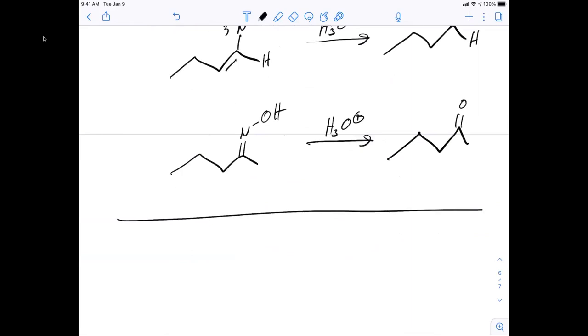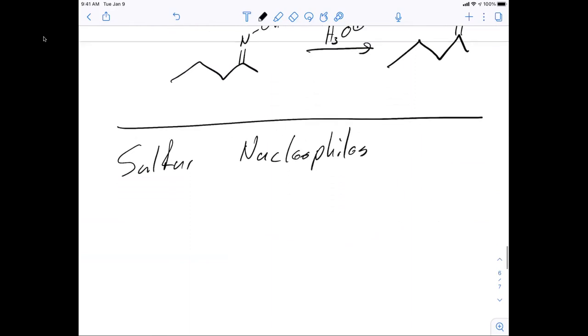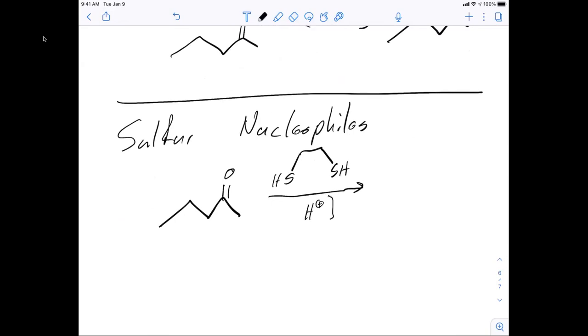So that was nitrogen nucleophiles. So we've looked at oxygen, nitrogen. Let's look at sulfur. We take a dithiol with trace acid.